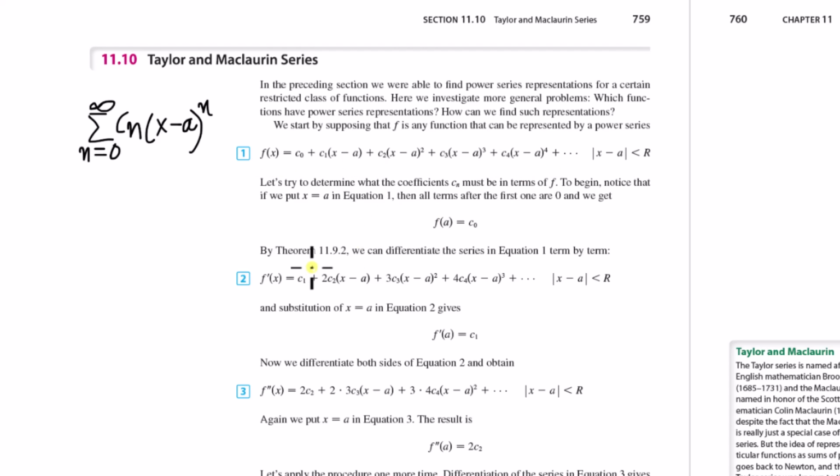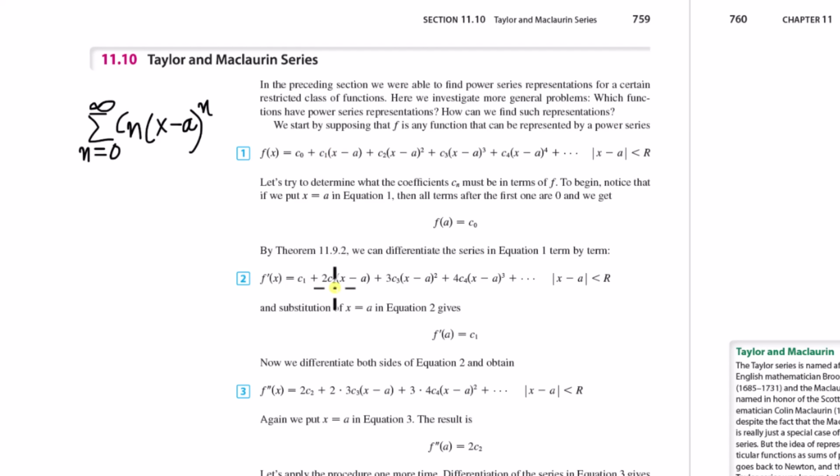Now, we know how to differentiate a power series. We talked about in the previous section how you can think about that in terms of differentiating the actual summation, or you can think about it term by term, and that's what they do here. The c sub 0 goes away, and the c sub 1 term, the x minus a, gets eliminated, leaving just c sub 1.